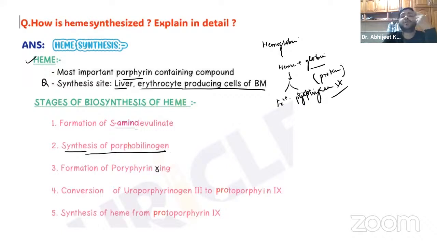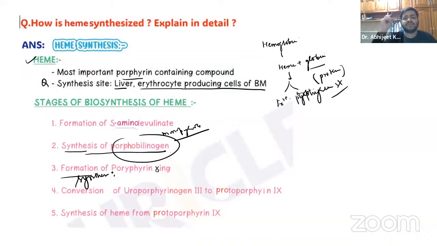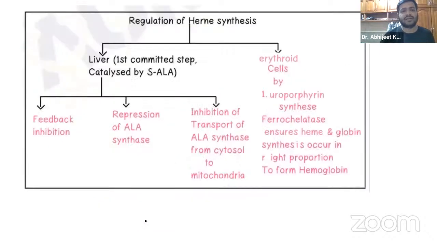Now, when I say porphobilinogen, guys, it is a monopyrrole, containing a single ring, right? Second is the formation of the porphyrin ring. Apart from that, we have the chelation of iron, and finally the synthesis of heme from protoporphyrin 9, right?